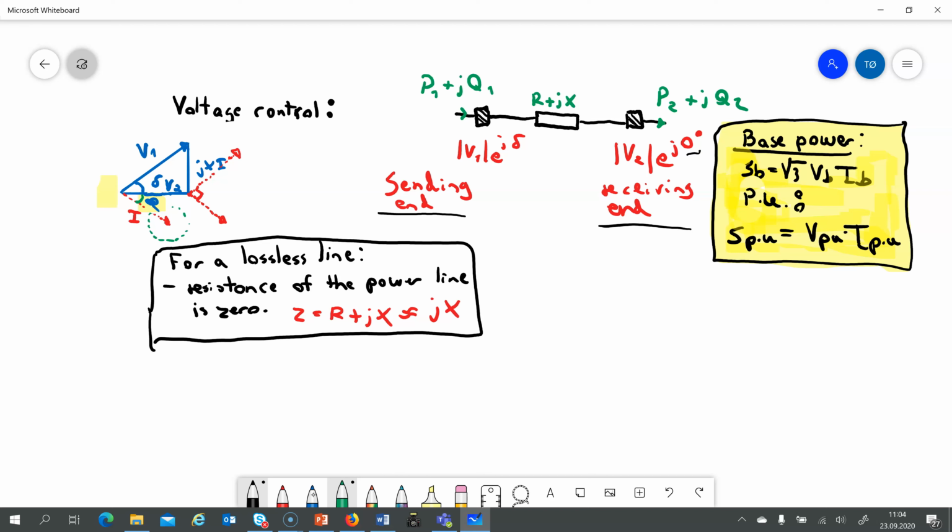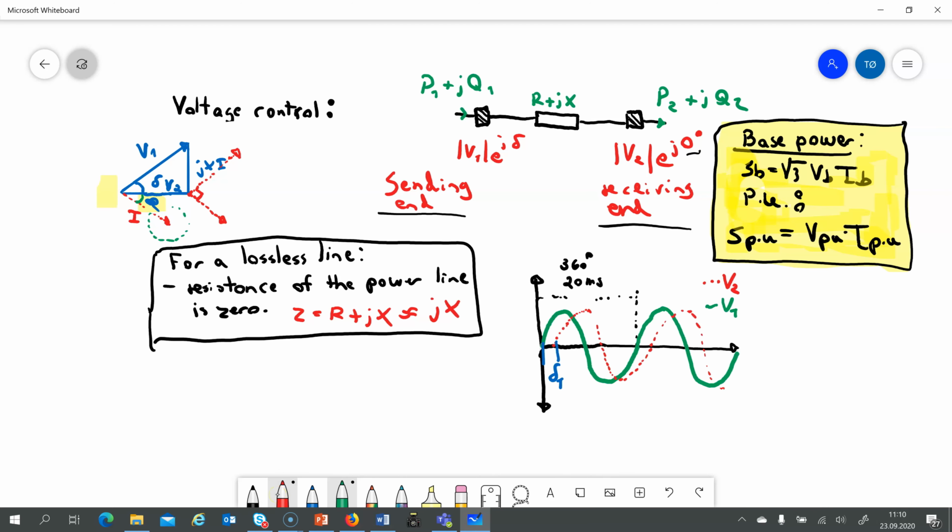We have also learned before that the base power for such a system, if we work with real values, has the square root of 3, but when we work with per unit values, we are just working with the product of voltage and current. Also the angle delta you can see up here and here.